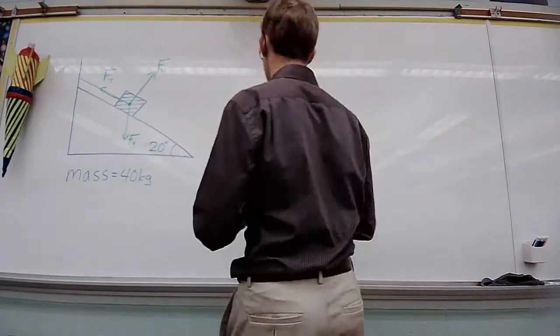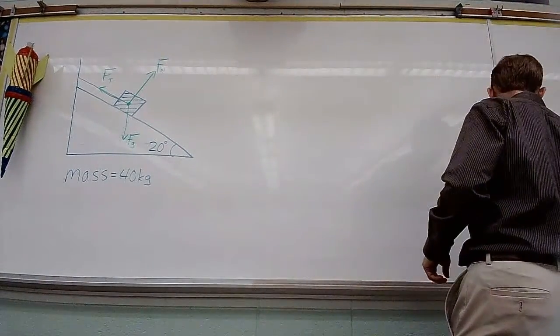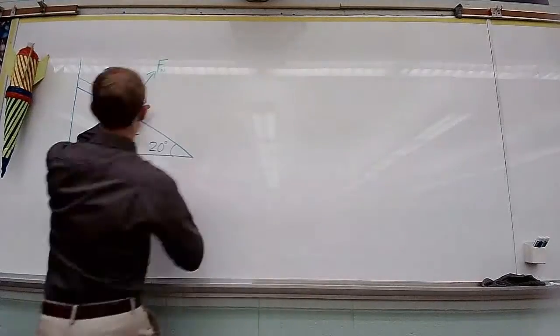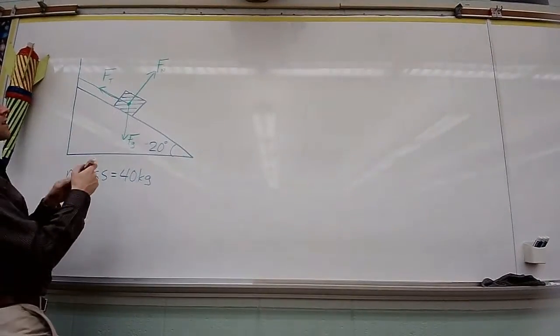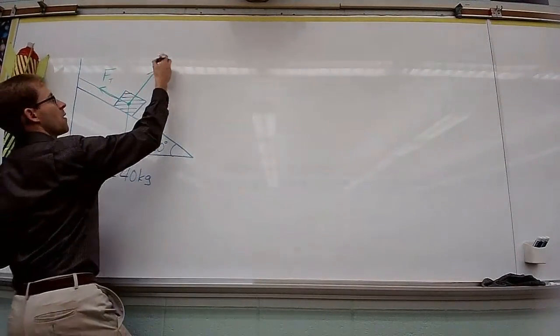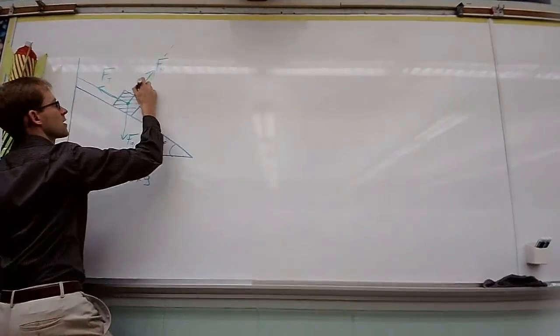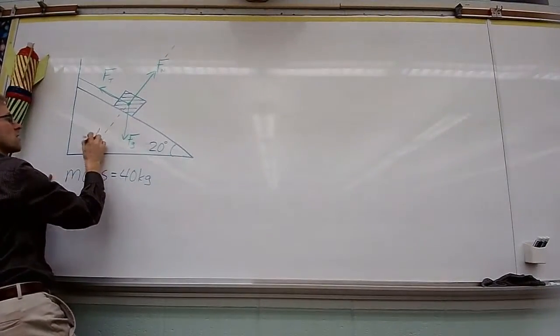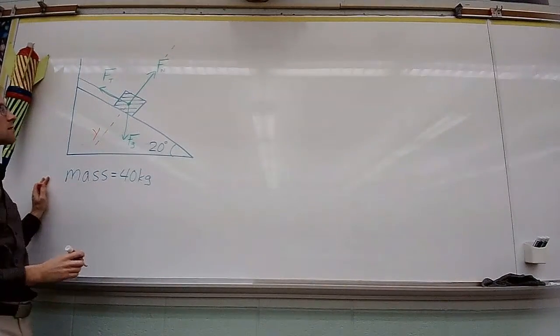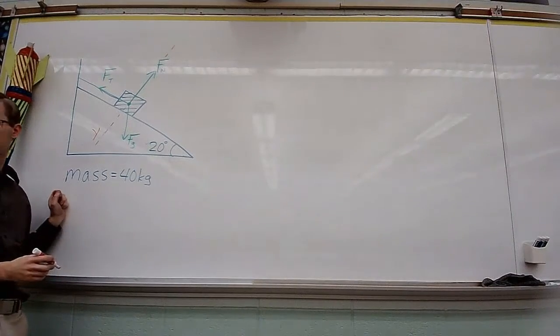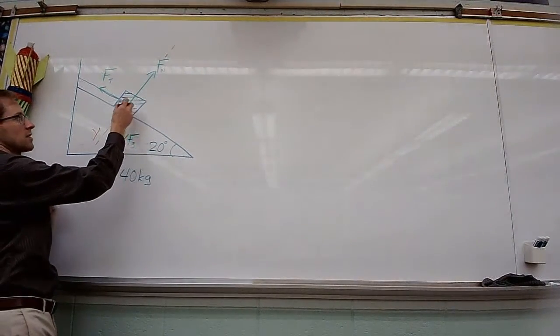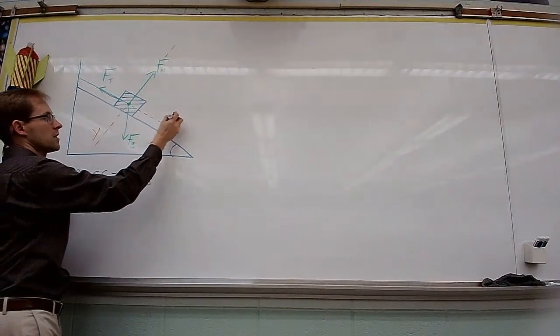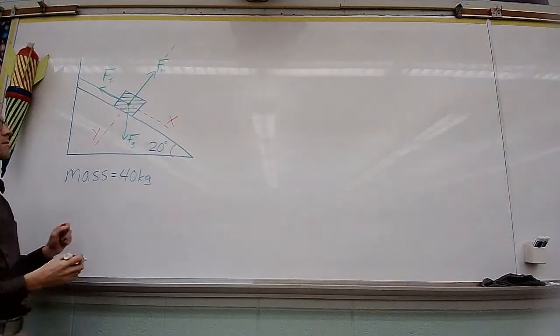We're going to take our y-axis and rotate it a little bit clockwise, and that y-axis is going to be in line with the normal force. And our x-axis is rotated a little bit the same way. It's going to be in line with the tension force.